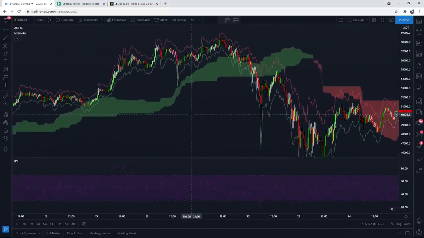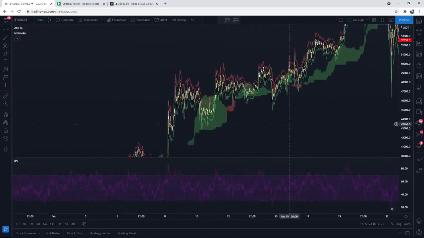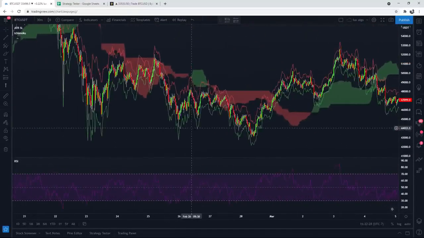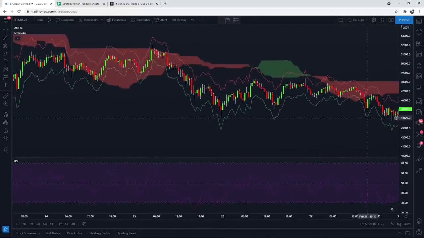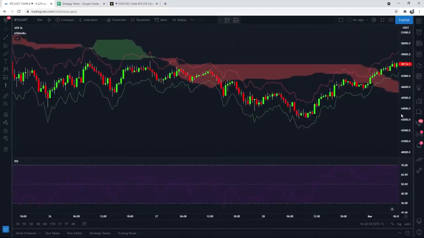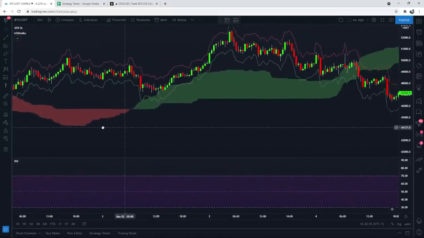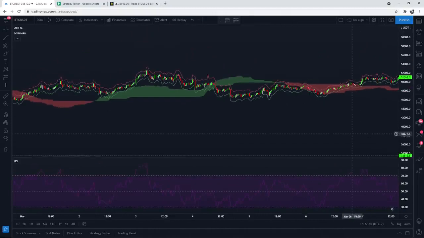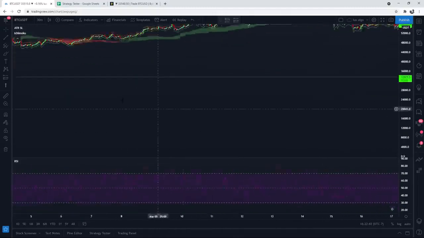You just keep winning based on the trend strength, but when you get to a choppy period, you're going to end up selling at the bottom and buying at the top.